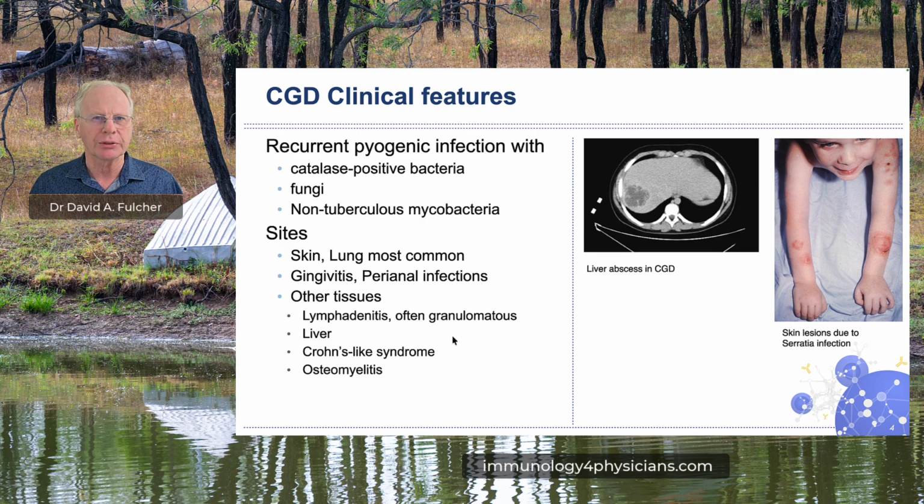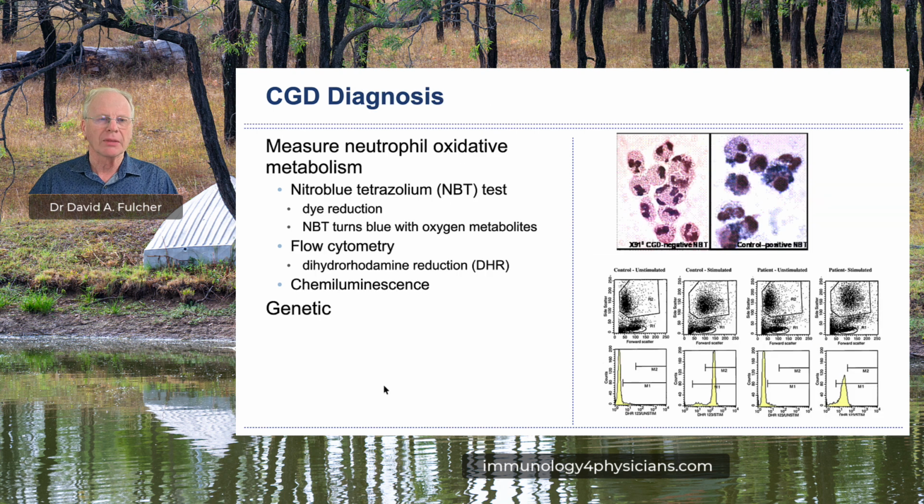The first patient I ever saw as a junior basic trainee had Crohn's syndrome, as was the provisional working diagnosis until CGD was discovered. So even gastroenterologists need to know about this. Osteomyelitis also can occur.